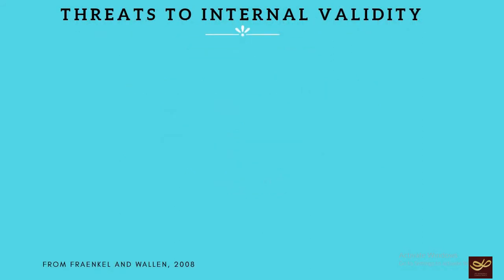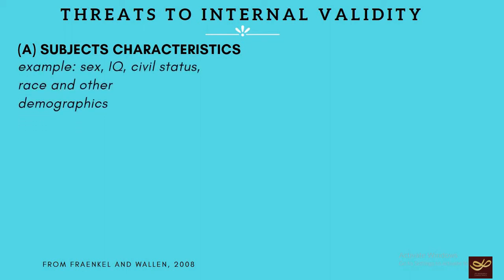So what are the different threats to internal validity? Frankel and Wallen identified some threats, but I decided to include a few to operationalize some of the terms that he had presented in his texts. So what are these threats that were identified? First, we have subjects' characteristics. What do we mean by subjects' characteristics?